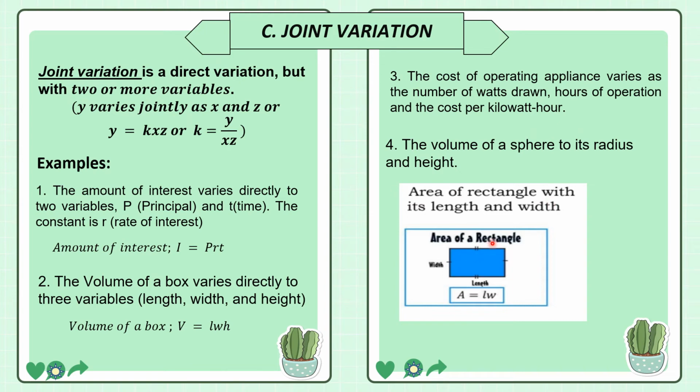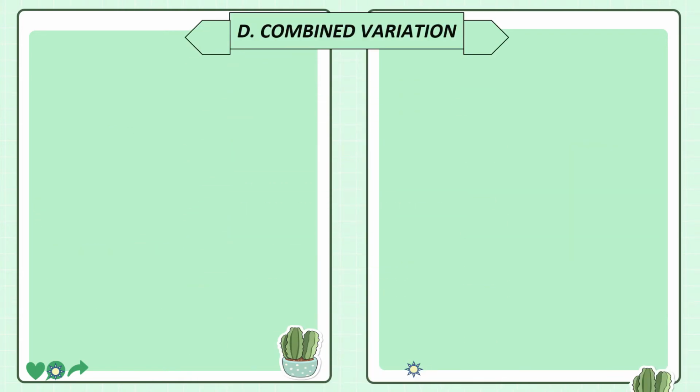This one is also an example of a joint variation because it involves two or more variables. Then let's proceed to combined variation. Actually, if you already know the difference between direct, inverse, and joint variation, you can now easily compute for the combined variation.